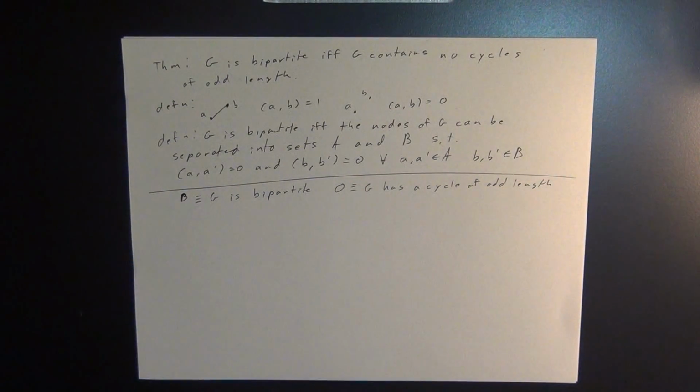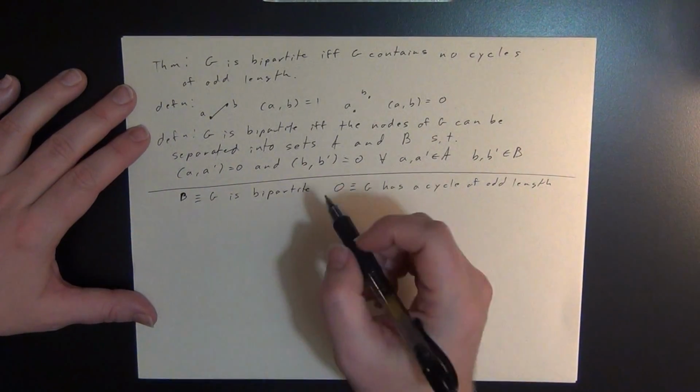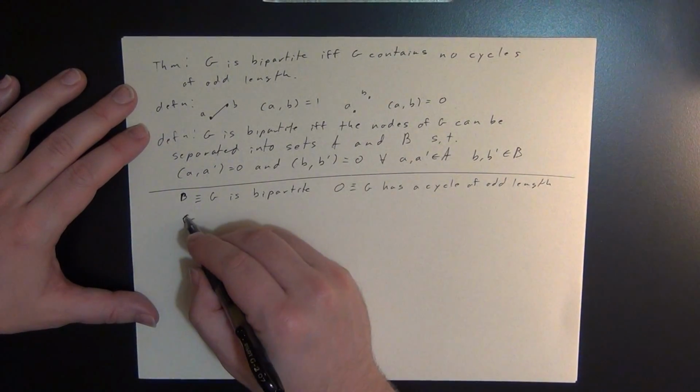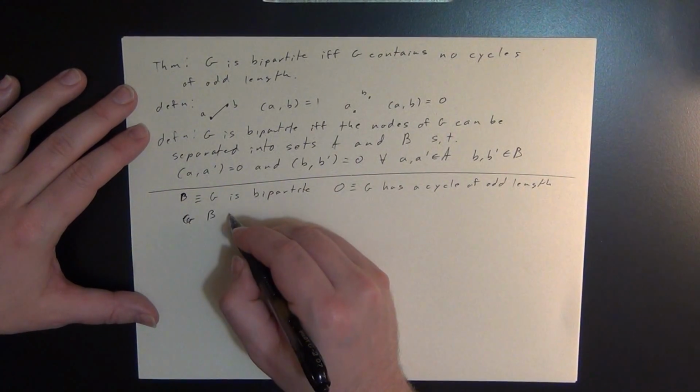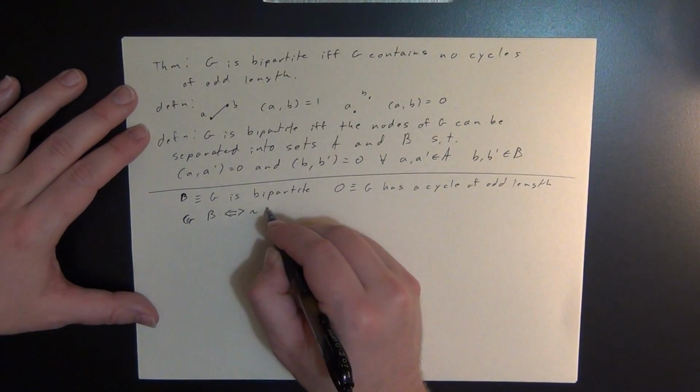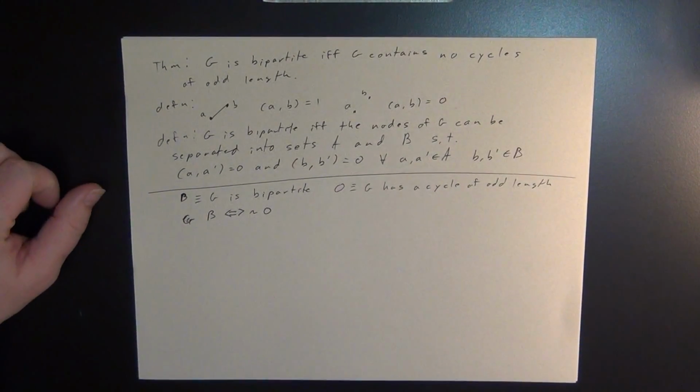And this is going to enable us to think about our theorem at a high level. So what our theorem says is that B if and only if not O. Alright, so that's our theorem.